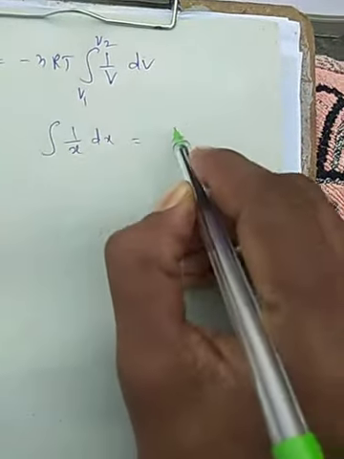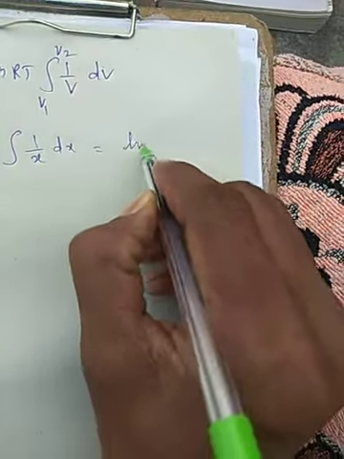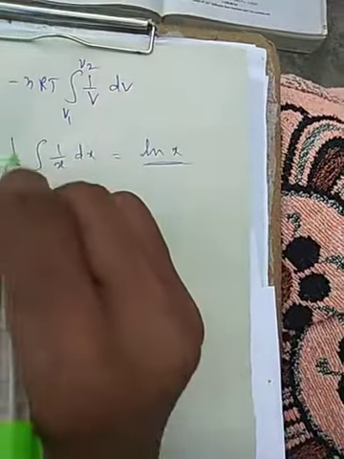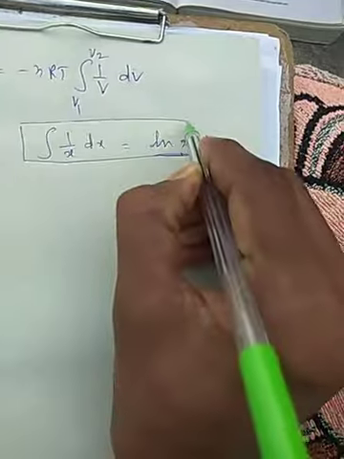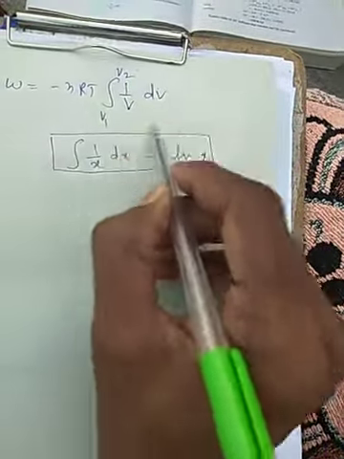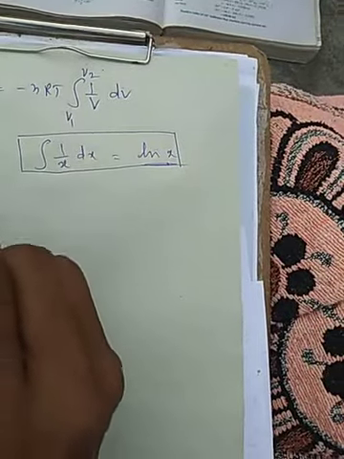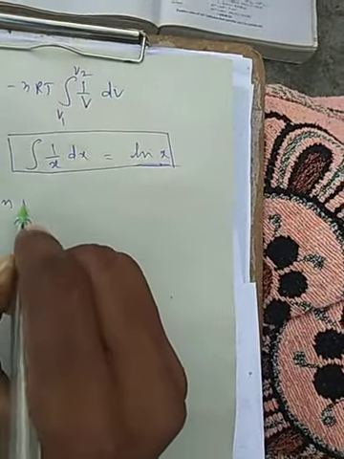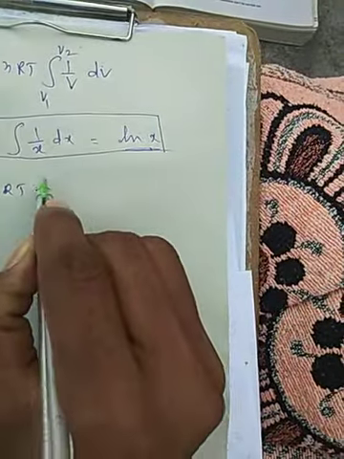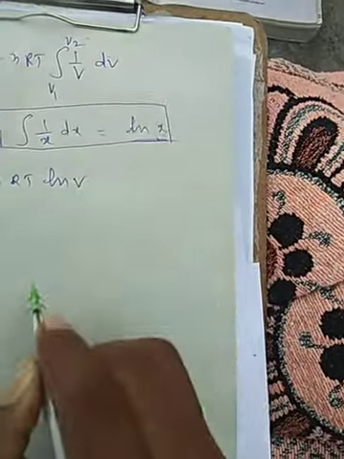The integration of 1 by x gives ln x. This is the formula we have in mathematics. Similarly, here we have to use the same formula. Now W is equal to minus nRT, and we can write this as ln v.